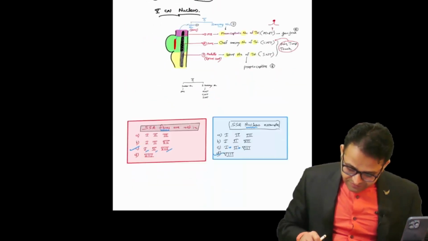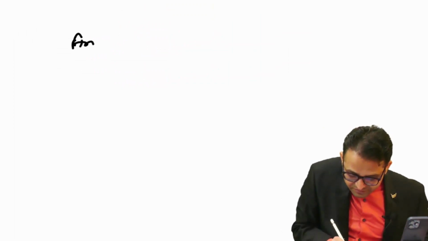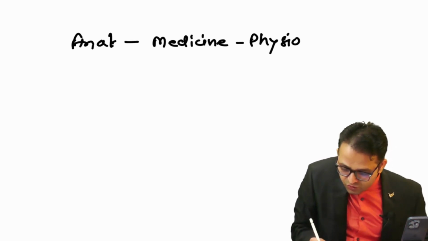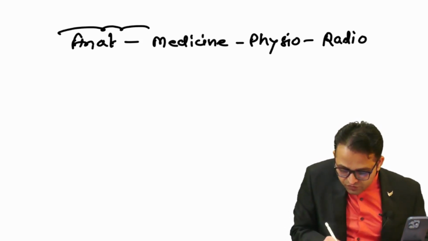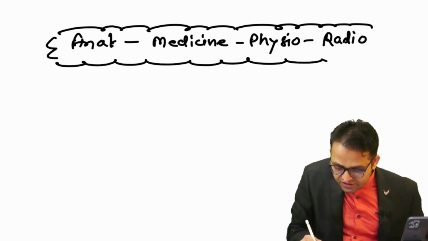In medicine, you can also include physio, and the brainstem syndromes are also part of radiology. So we are going to do this beautiful anatomy, medicine, physio, and radiology integration.